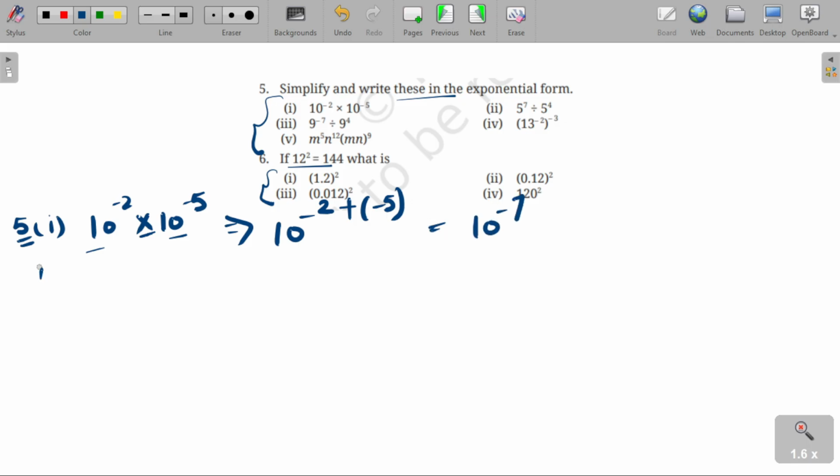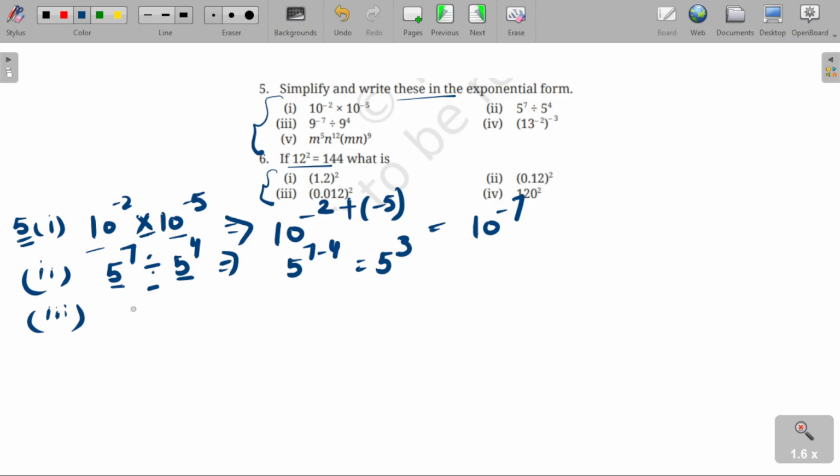Second part. 5 raised to 7 divided by 5 raised to 4. The bases are same and they are in divide. So the powers will be subtracted. So 5 cube will be the answer. Third part. 9 raised to minus 7 divided by 9 raised to 4.